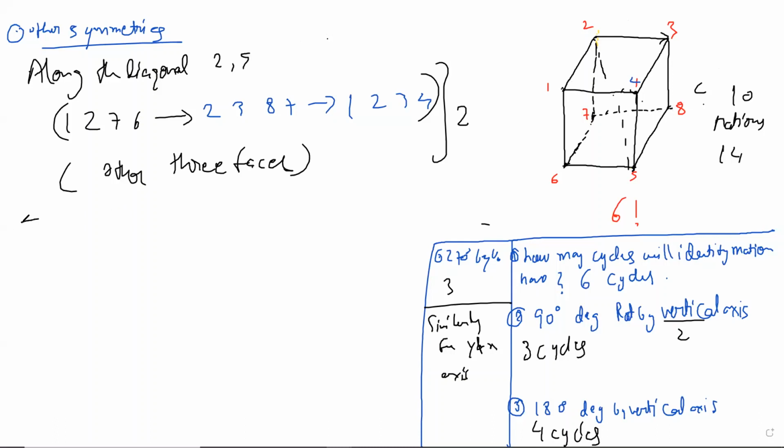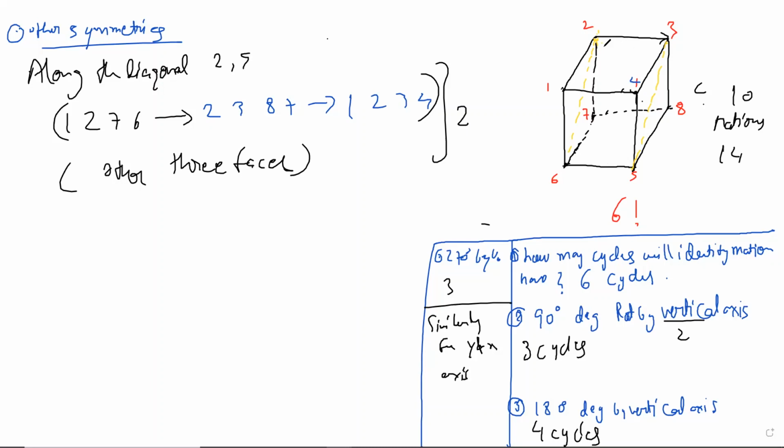So there are in fact other symmetries, and that's why it gets complicated. So the other symmetry would be something like this, I believe. If you fix the non-main diagonal, you will get something like that.